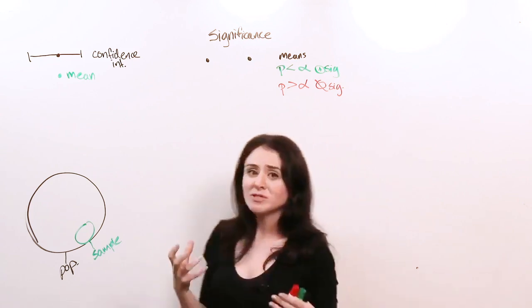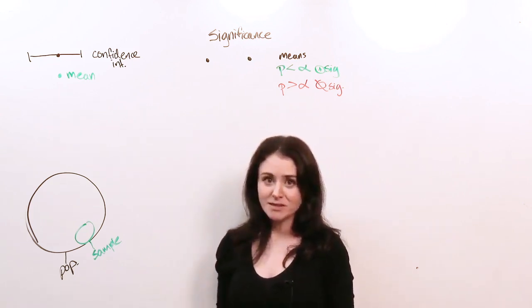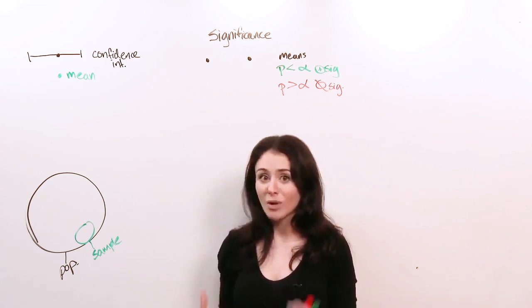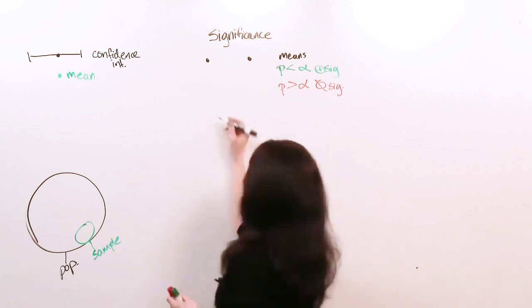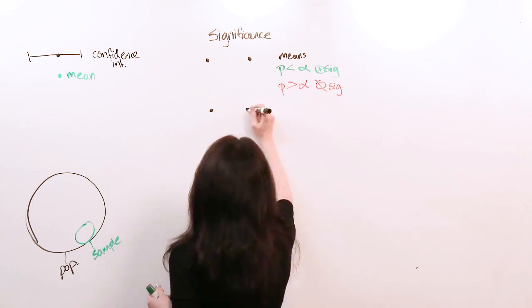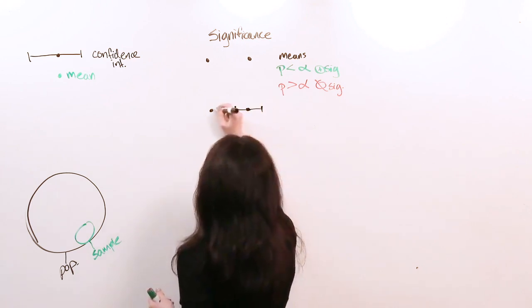So in order to make a more accurate comparison, the thing that we should do is incorporate our wiggle room. We need to include our confidence intervals. What that would look like is same means plus wiggle room.